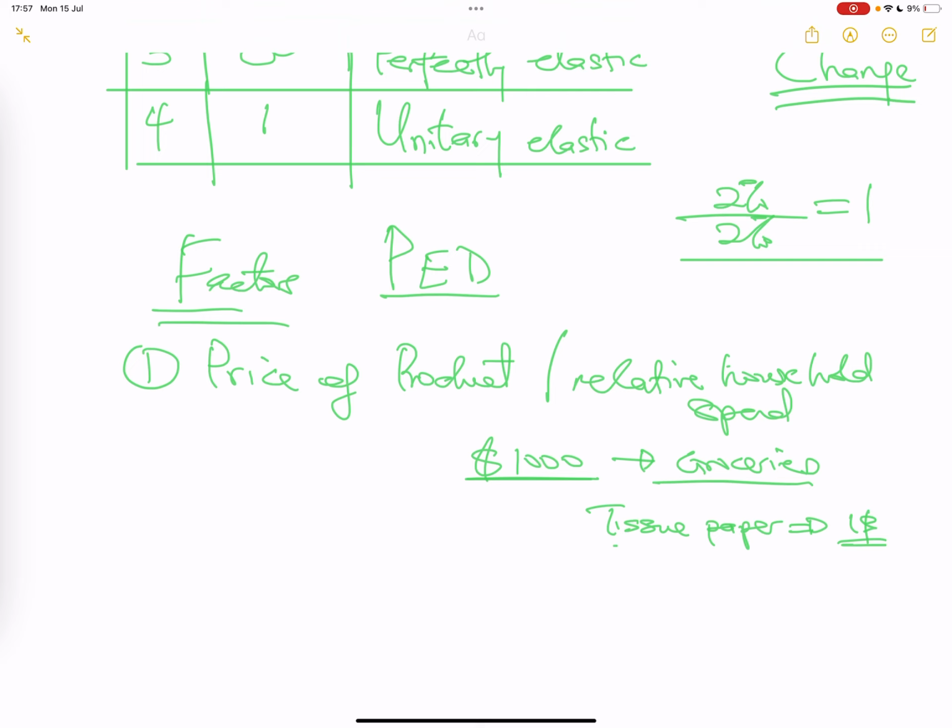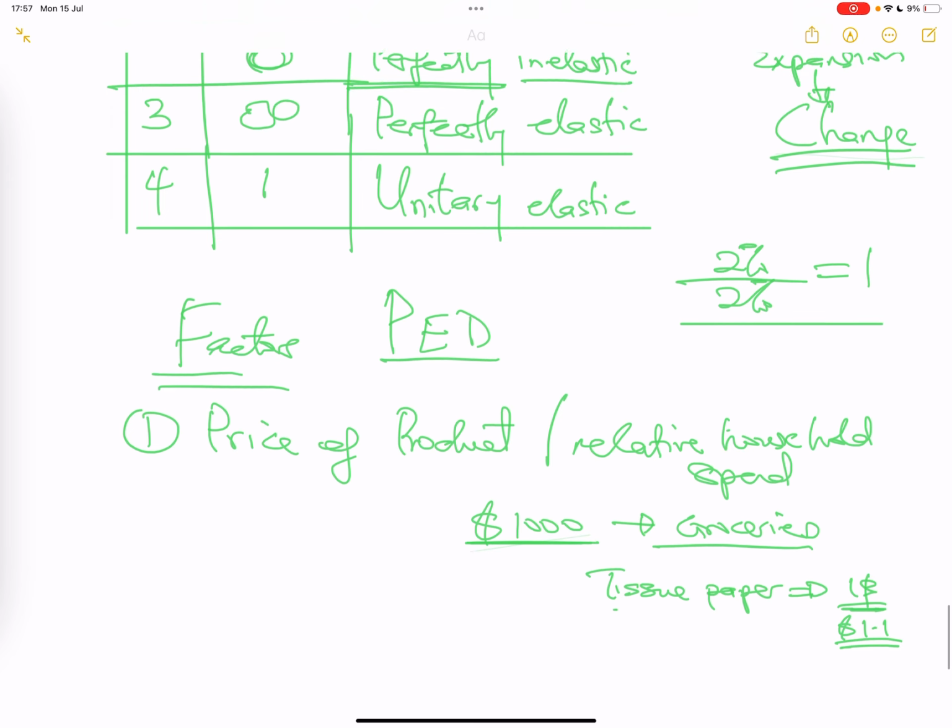Not likely, because the price of this product is small compared to the household spend. So even if they increase the price to $1.1, you will still buy. Which means the change in price might not necessarily lead to a huge change in quantity demanded.